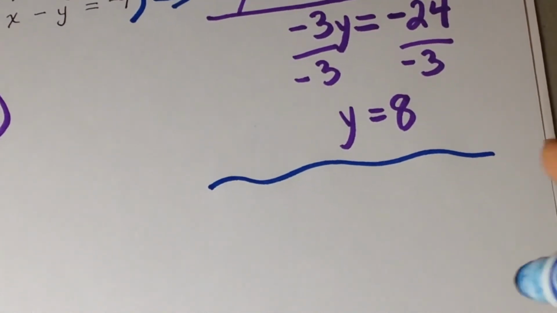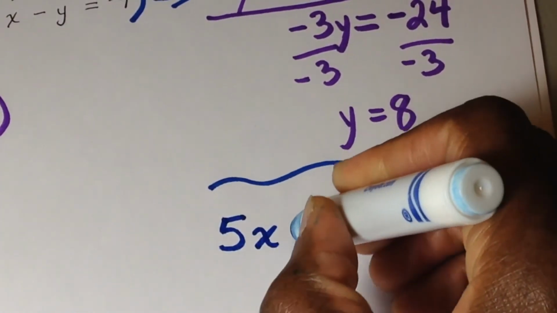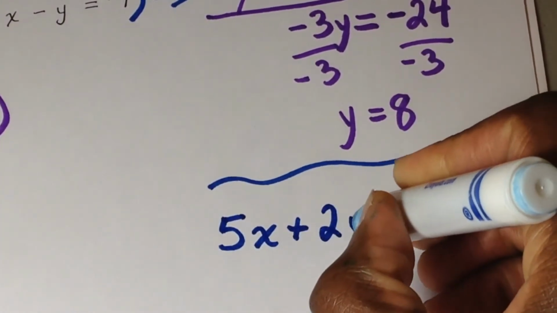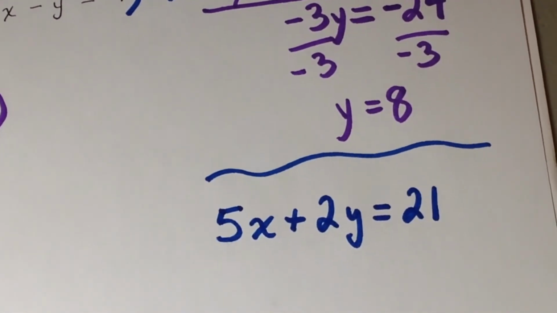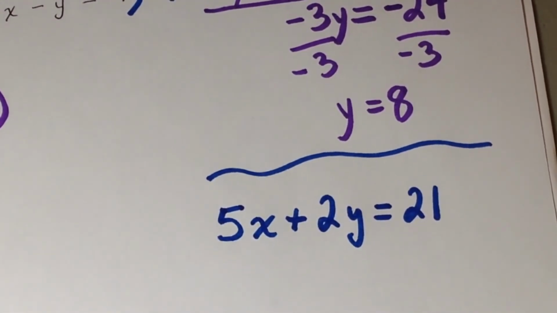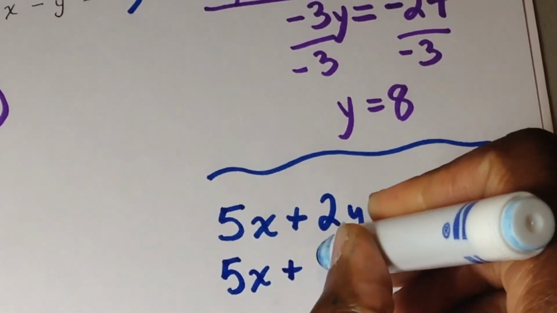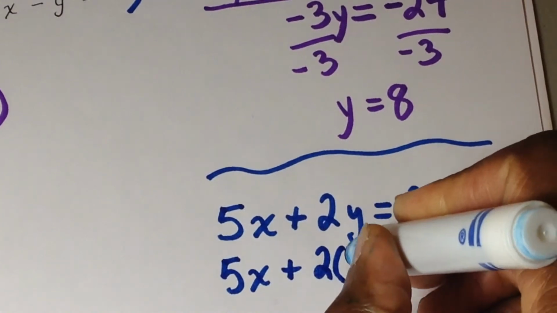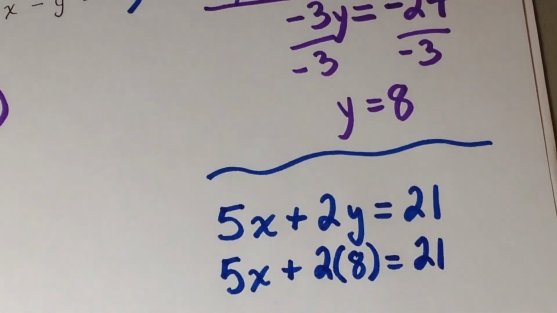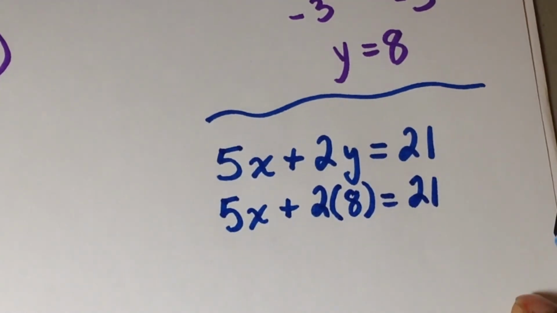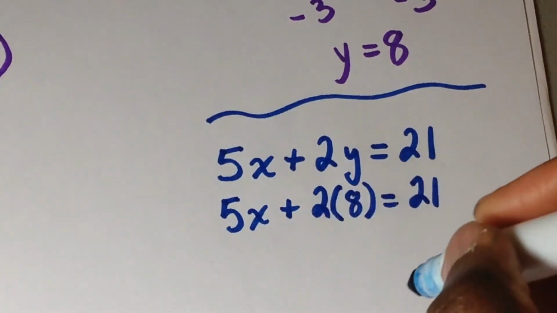So 5x plus 2y is equal to 21. And again, we know that y is equal to 8. So it's 5x plus 2 times 8, and that will be equal to 21. Now let's do the math and solve the two-step, right?